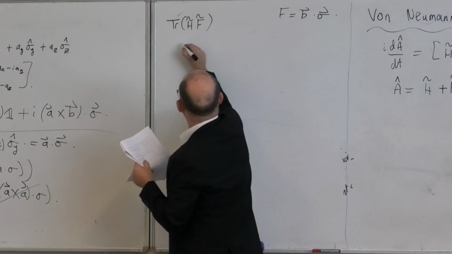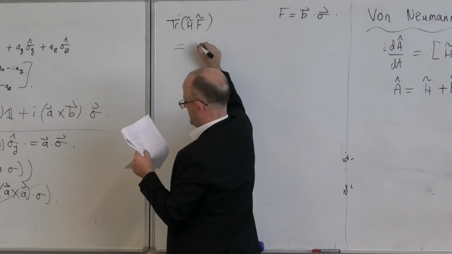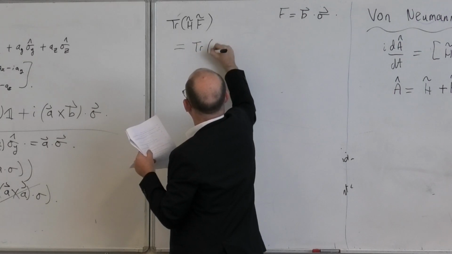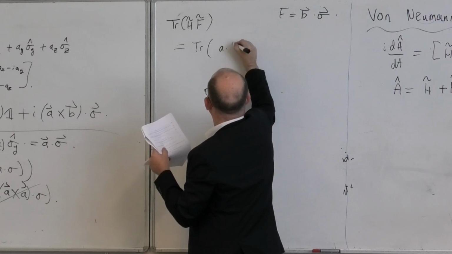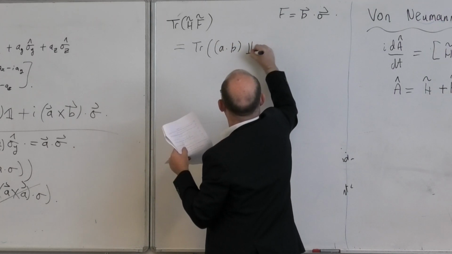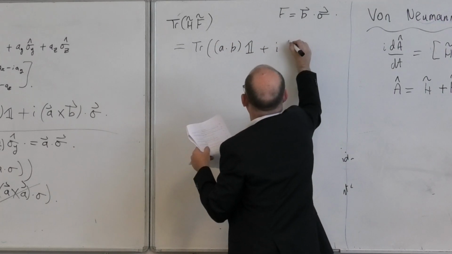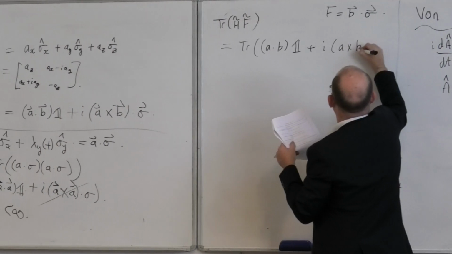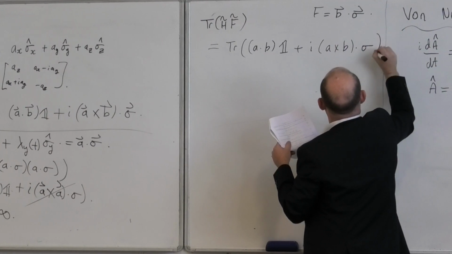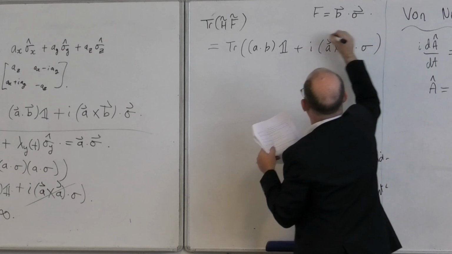Well, this thing in this case will be trace of A dot B I plus I A cross B dot sigma. And we want this thing to be equal to 0.